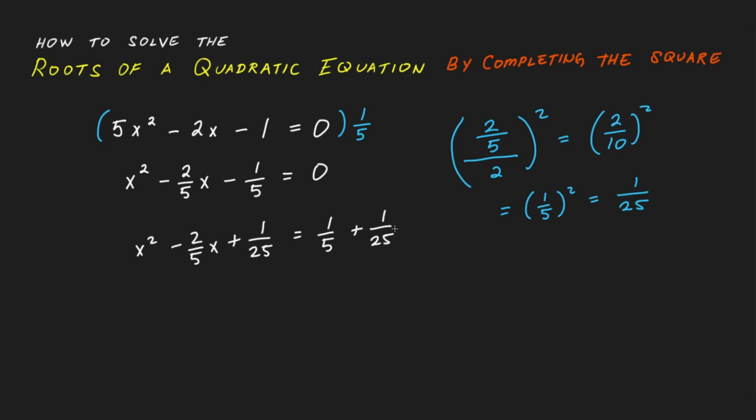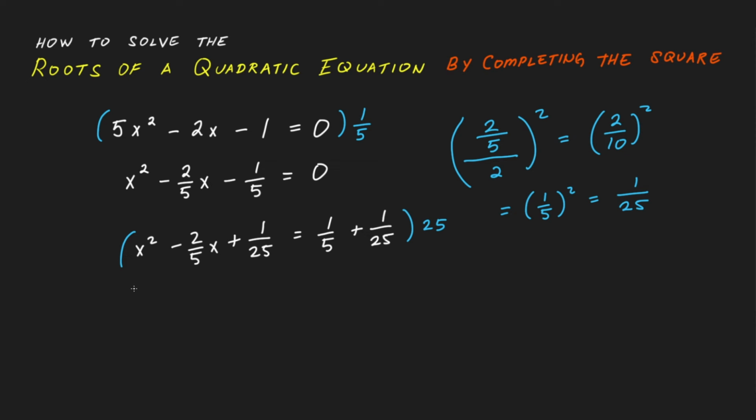All right, so for the next step, as you can see, we have these fractions right here, and we want to get rid of them. I don't know about you, but I don't like fractions. Okay, so what number do we need to multiply this with? Well, as you can see, 5 is already a factor of 25, so we just need to multiply by 25.